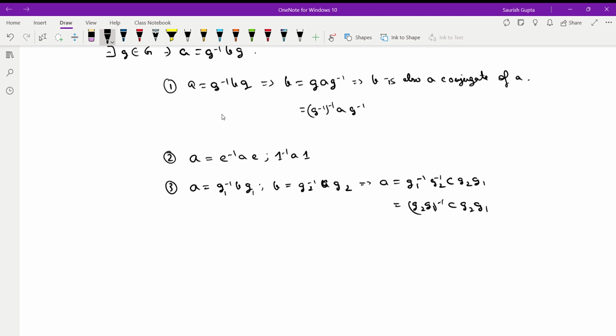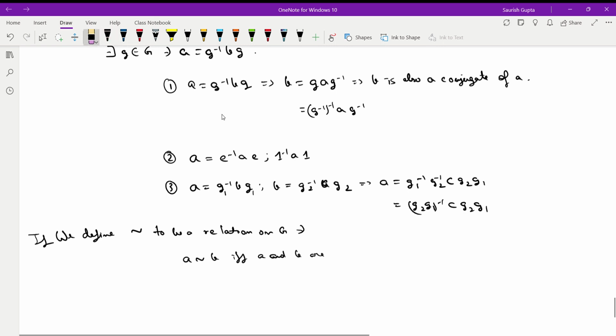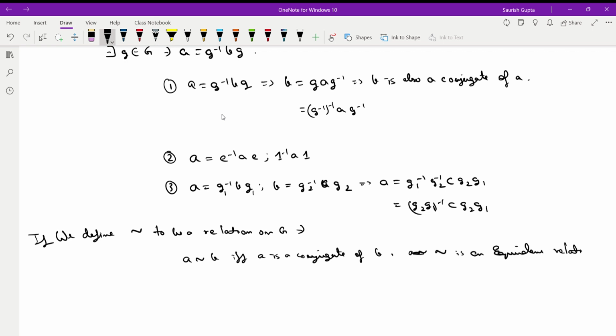So the immediate lemma I should state at this moment is that if we define a relation on G such that A is related to B if and only if A is a conjugate of B, then by the above observations, this relation is an equivalence relation, clearly, right?